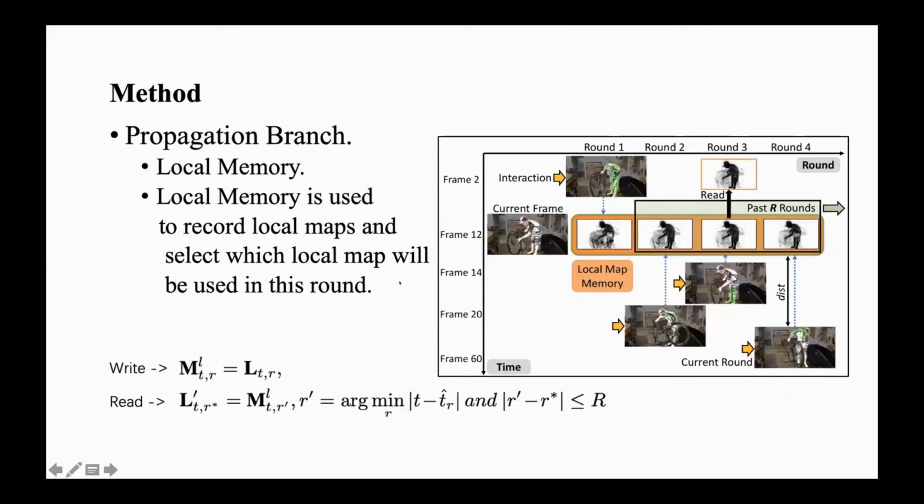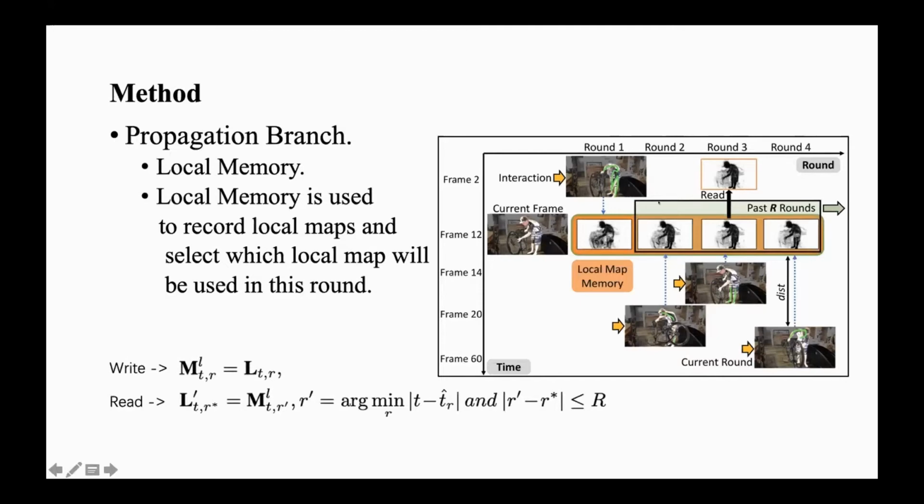The local map is different from the global map because the local map is calculated between the current frame and the previous frame, and the mask of the previous frame is predicted, so it is not exactly correct. The errors will accumulate during the temporal propagation.